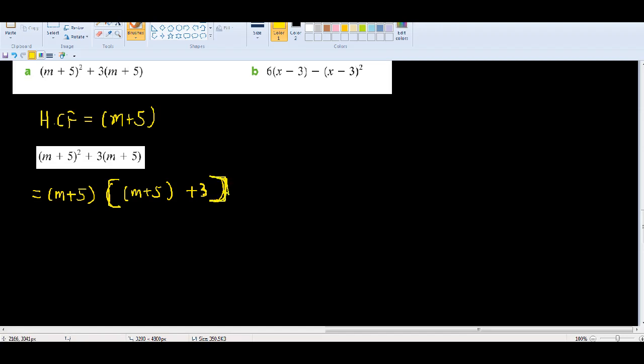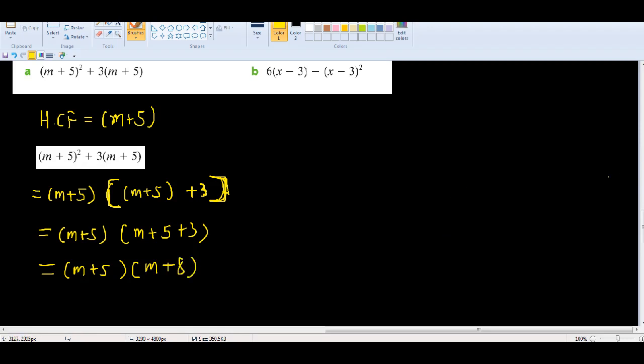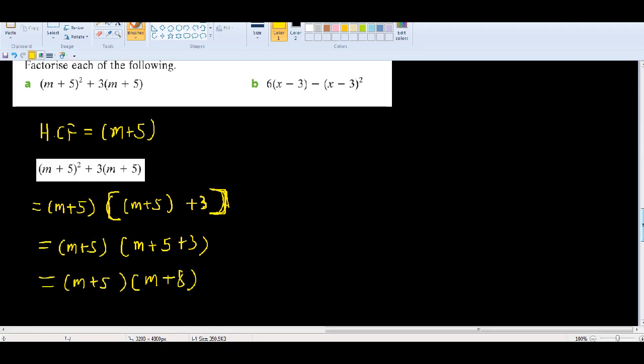Then you might just remove the first bracket like this. You still need to do a bit of simplification, I suppose. So that would be the first one.